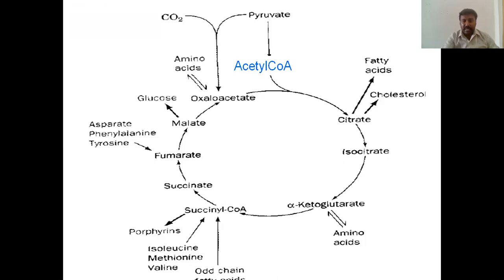Then come to the energetics, where, as you already studied, NADH, FADH, and GTP produce the energy. Here, in the formation of alpha ketoglutarate from isocitrate, NADH plus H plus is formed.